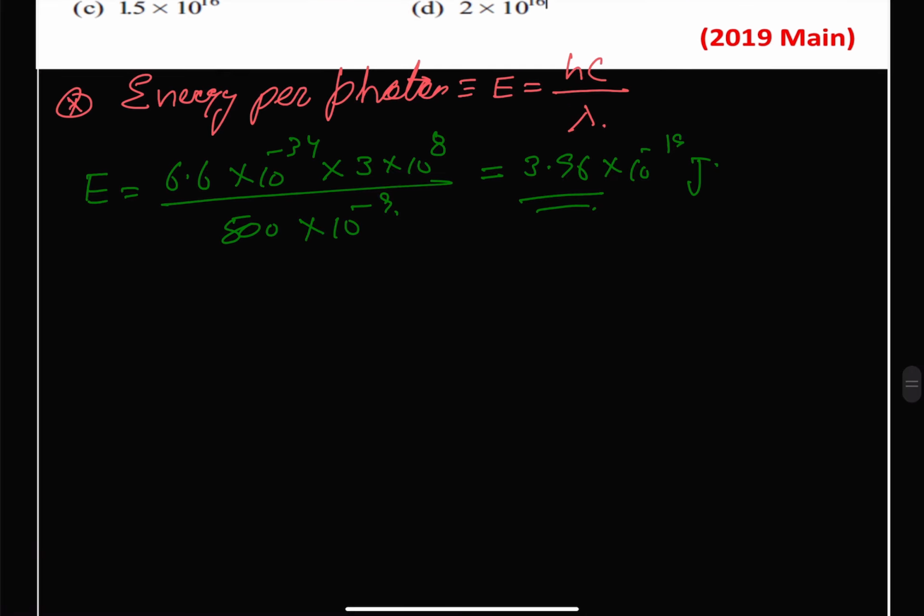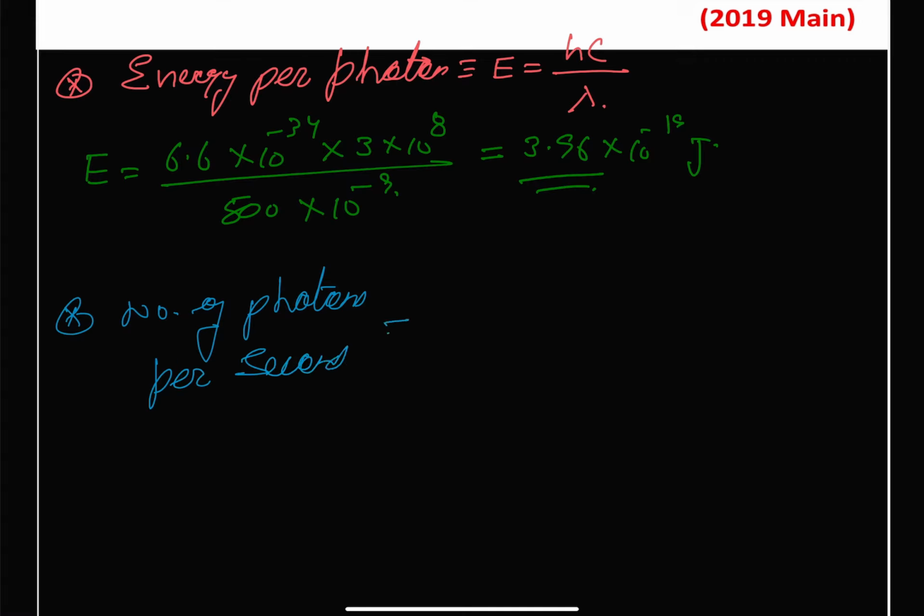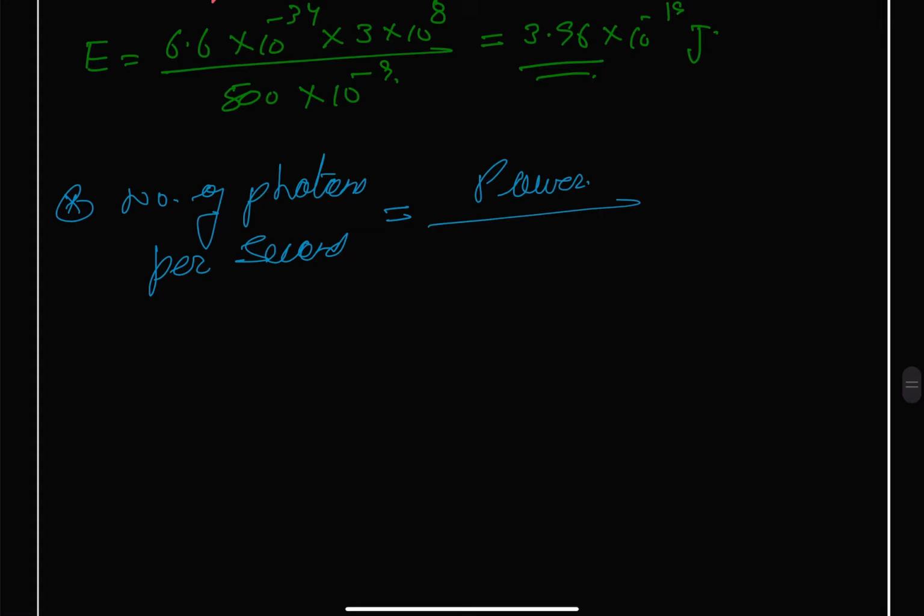Now we can directly find the number of photons emitted. Number of photons per second will be equal to power divided by energy per photon.